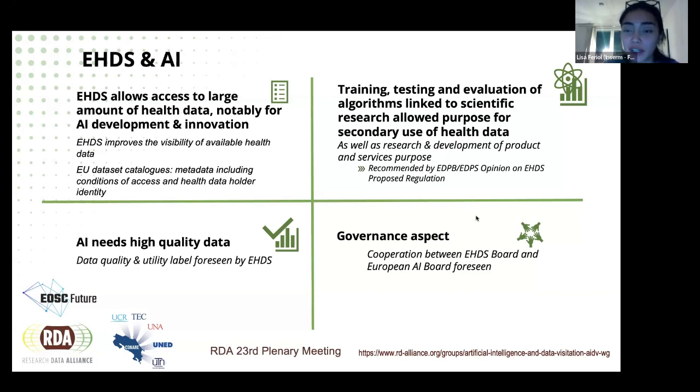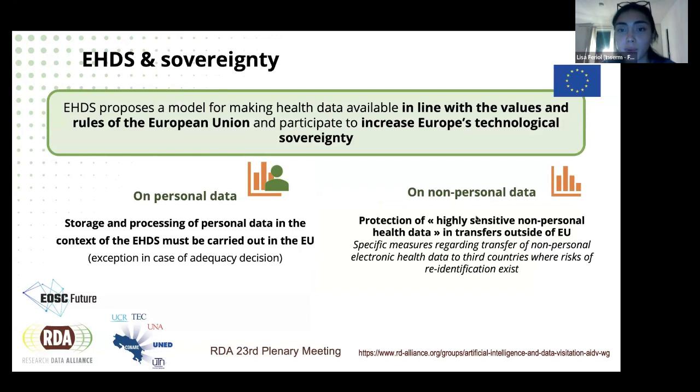The secondary use of health data for training, testing, and evaluating algorithms has been linked to the purpose of scientific research. And finally, the regulation provides for collaboration between the EHDS board and the European AI board created by the regulations.